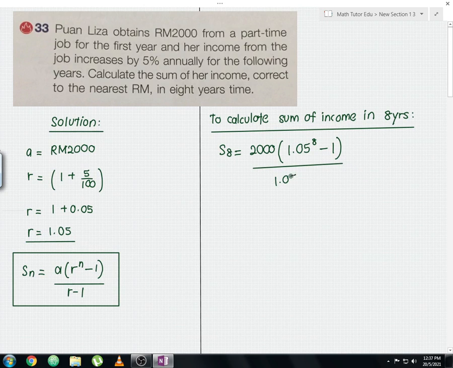1.05 minus 1. Let us continue our calculation. S8 will be equal to 2000 in the bracket 1.05 to the power of 8 minus 1. You calculate the denominator, you should get 0.05. Let me underline the fraction.